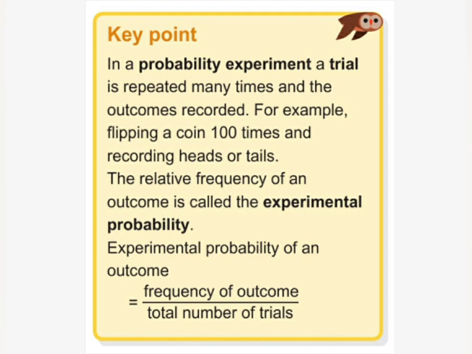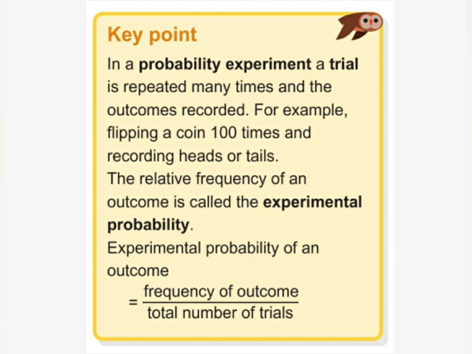What does that mean? It means in experimental probability we have to do an experiment. As it says here, 100 times he flipped the coin and then recorded the relative frequency of heads or tails. And in an experiment, it's not going to be 50-50, or even chances of having heads or tails.